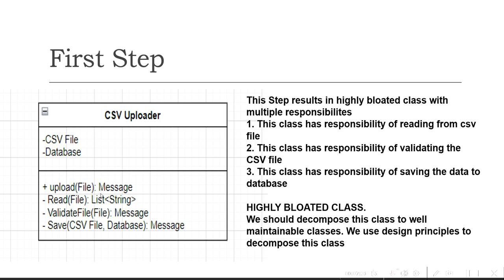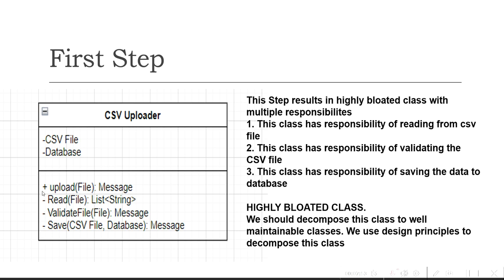Then you have various actions that are performed in that application class, like upload a file, read the CSV file, validate the CSV file, and save the CSV file. So these are the different actions you're going to perform, right? See, you have this plus sign and minus sign.